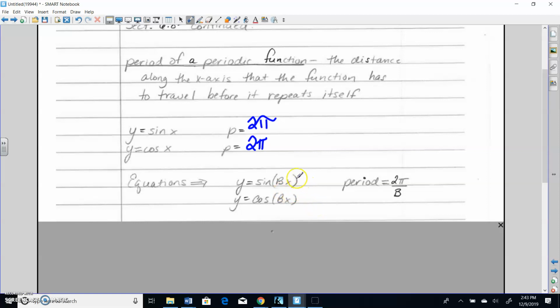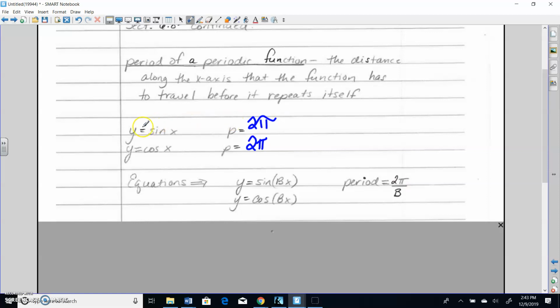And so from what's in parentheses with the x, what's being multiplied, or the coefficient of x, that's how we derive the period. So we take the b value, and we take 2 pi divided by that b value, and that will be the period of the function.